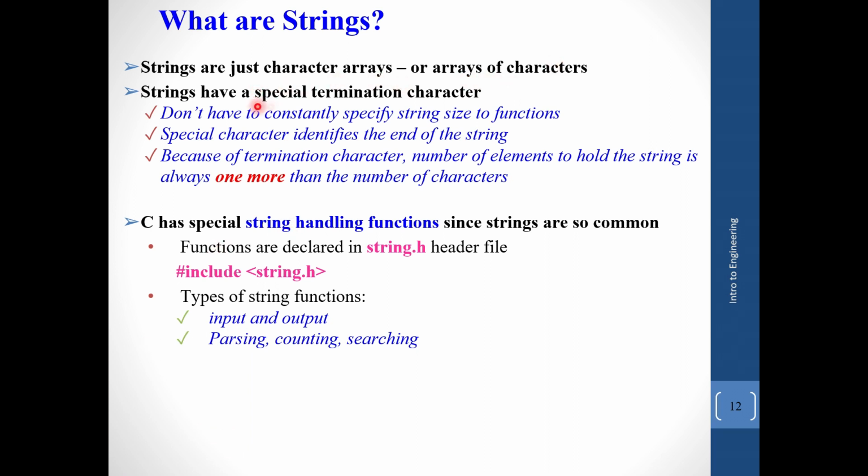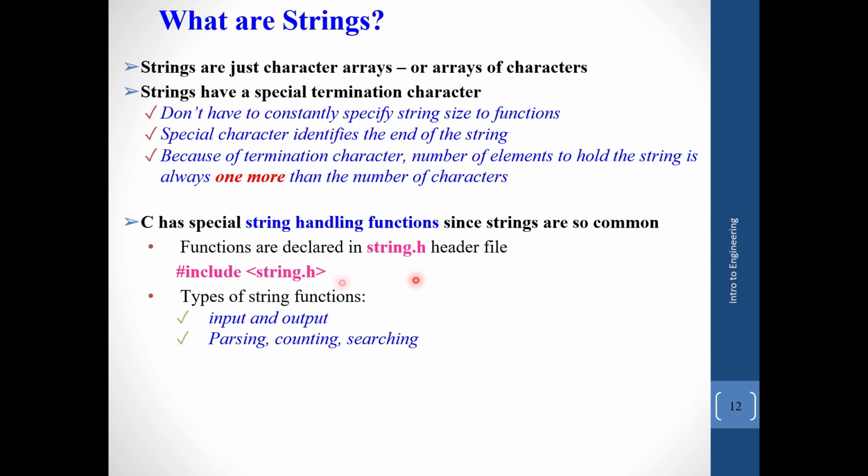They have to have this special termination character. This special termination character is called a null character. And because of this, you always have to remember with strings, this part right here. You have to declare it one bigger or one more than the total number of characters you want to hold. This is really important, and I'll show you an example that illustrates this in just a second.